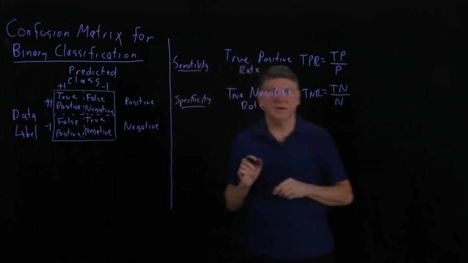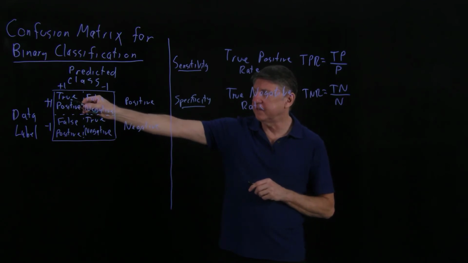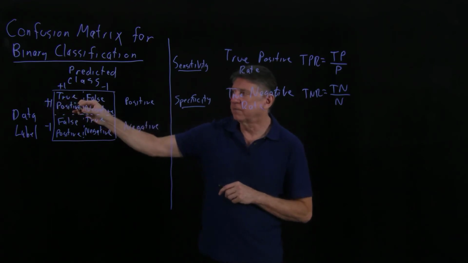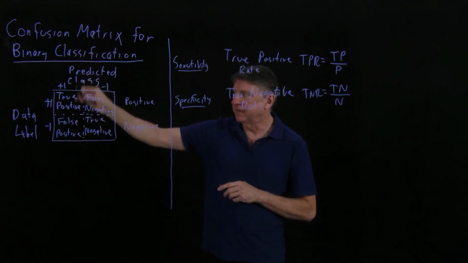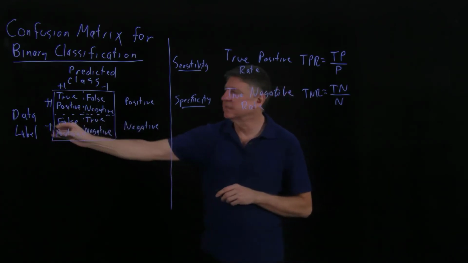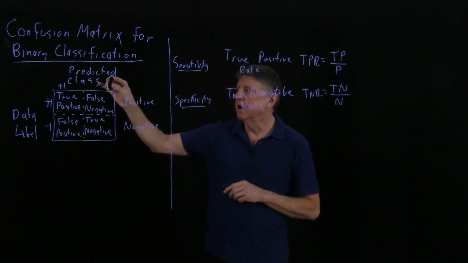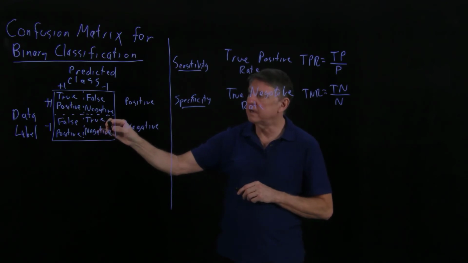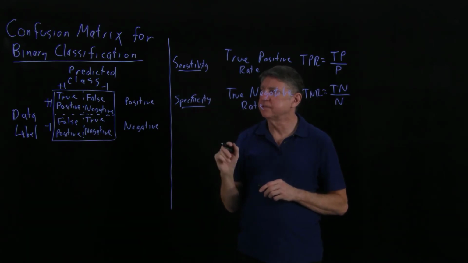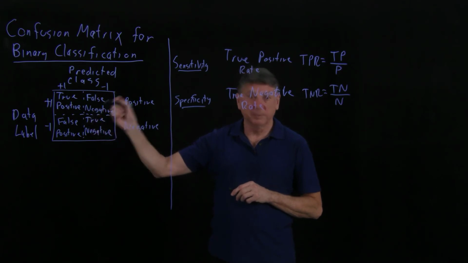And you can now start to understand that a very good diagnostic test will have a high sensitivity, that is, it'll have a high true positive rate, or most of the things that are coming in as a +1 are being classified as a +1, and then a highly specific test is one where the labels coming in as -1 are being classified or quantized as -1. So highly sensitive and highly specific means that these numbers are going to be very large and that these numbers will be relatively small.